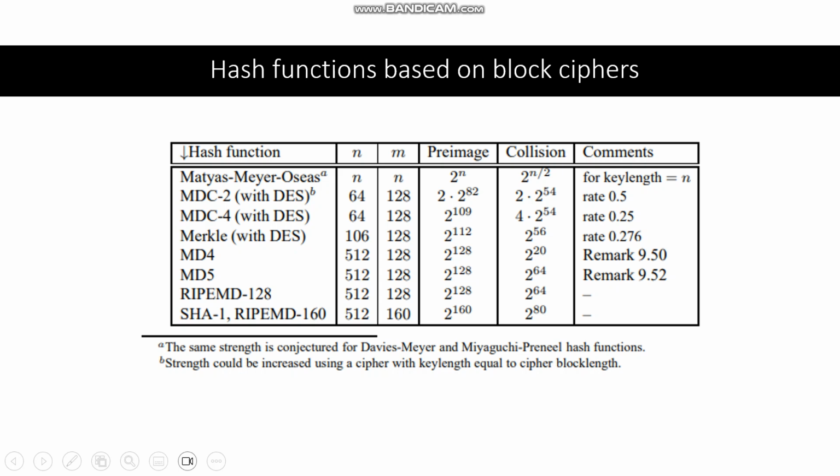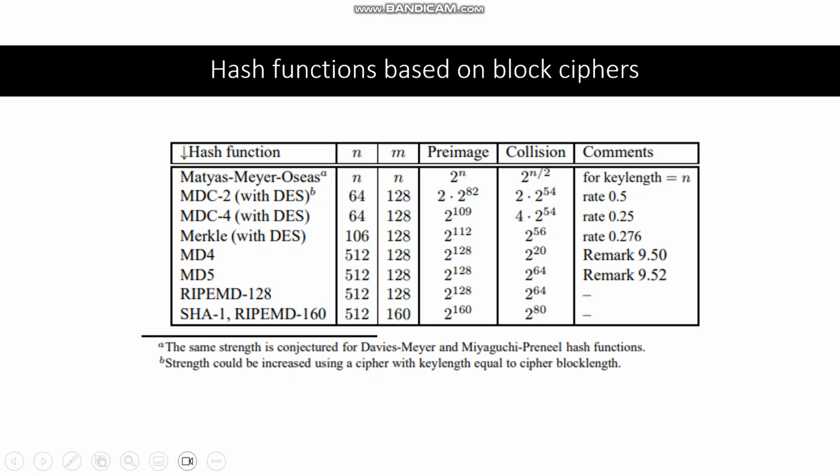In MDC2 we use 64, in MDC4 also 64, in Merkle 106, in MD4 512, in MD5 the same as MD4, and for RIPEMD-128 it's 512 bit size. And m, our hash value, for all the unkeyed hash functions is the same, except SHA1, where it's 160.